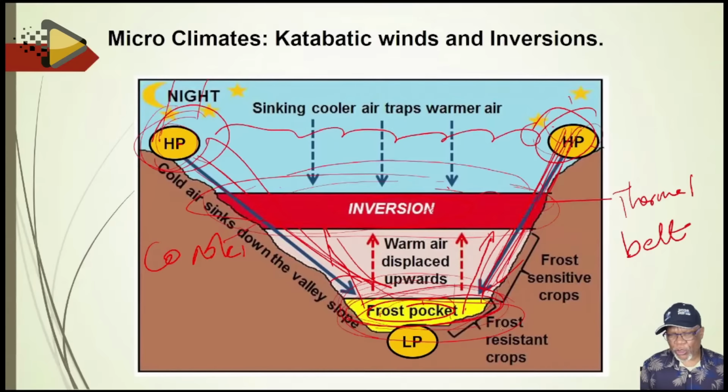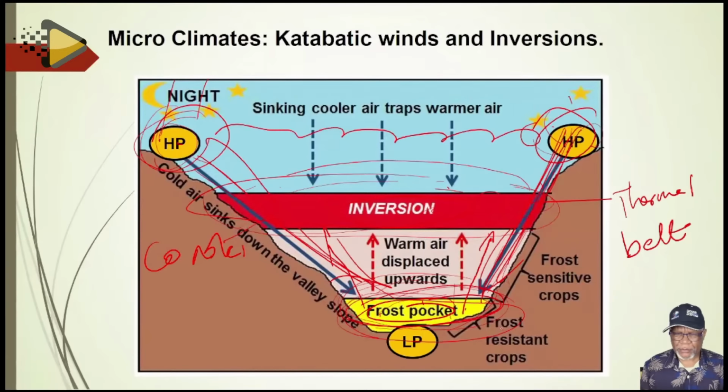Only the crops that are resistant to frost can be grown at the bottom of the valley. So that is how climatic factors influence slope utilization. You can utilize a slope for certain reasons, but not for others.